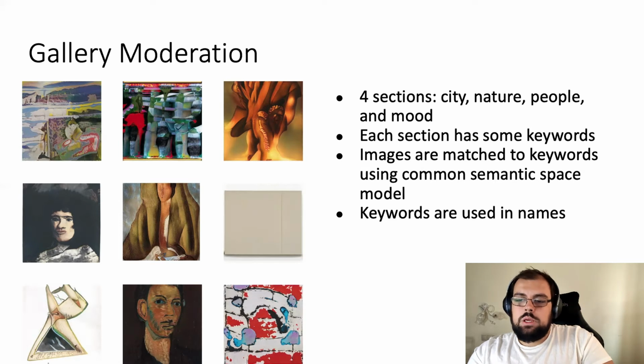For each section, we thought of some keywords. And for each keyword, we made this kind of image search through pre-generated images. I think it was a few hundred thousand images generated with our StyleGAN2 model. And then for each image, we used the keyword that was used to retrieve it as the base for its name.